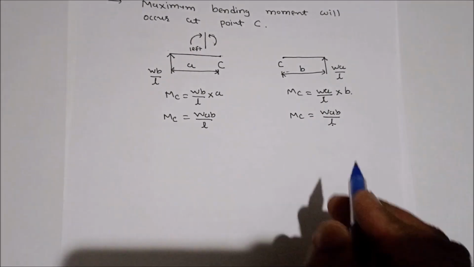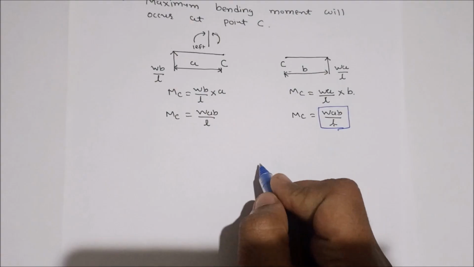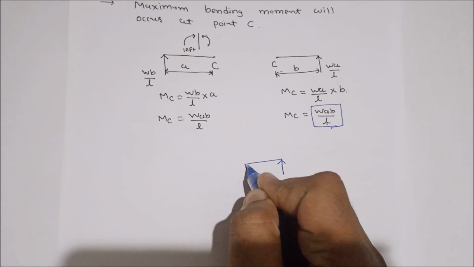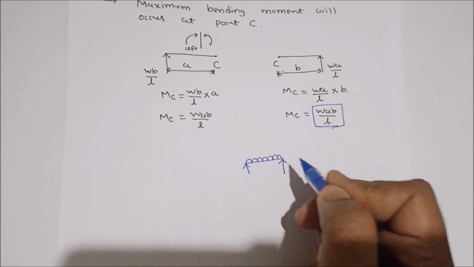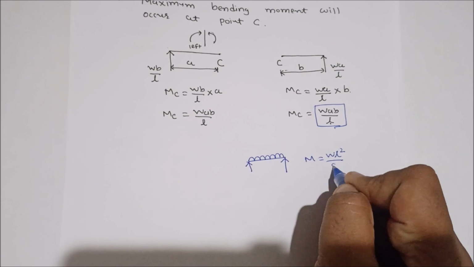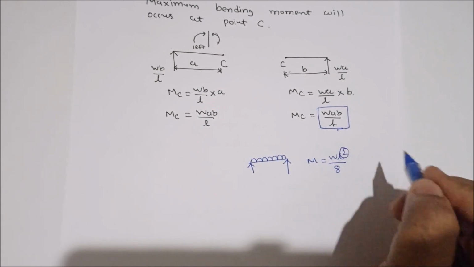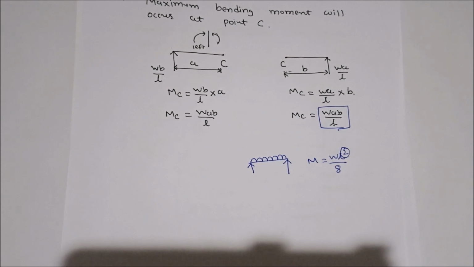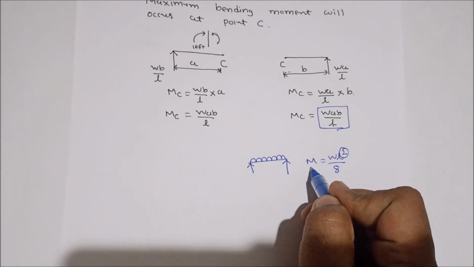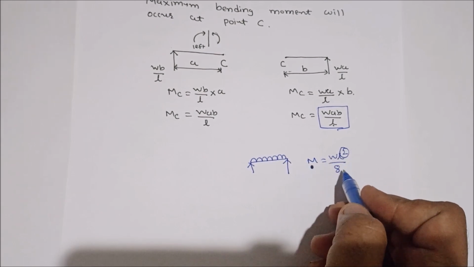Maximum bending moment equation is WAB by L. Third case, if there is a simply supported beam and UDL is acting over the entire span, then the maximum bending moment equation is WL square by 8. Whenever there is a UDL, there is always a square. So remember it this way: maximum bending moment in a simply supported beam with UDL on entire span, the equation is M is equal to WL square by 8.